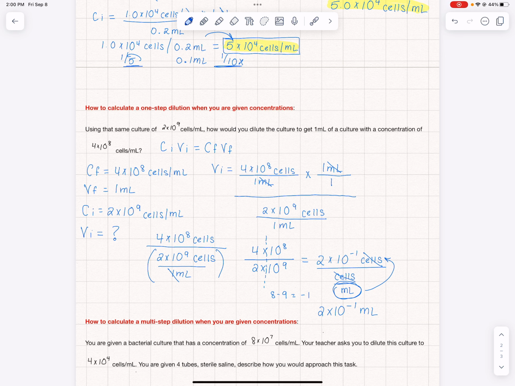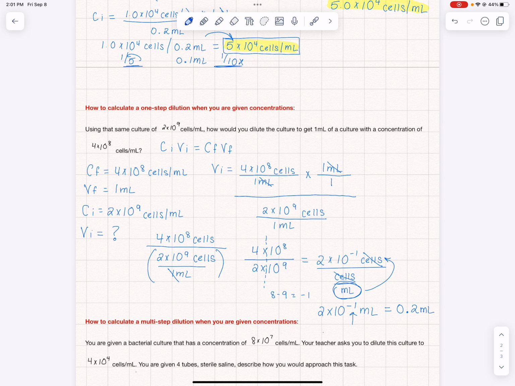And this would be a hard number in order to pipette or think about, and so what might be more helpful is to first write this into standard notation. Because we have an exponent of -1, that would be the same thing as moving our decimal point one place to the left. And so another way to write this number would be to say 0.2 mils.